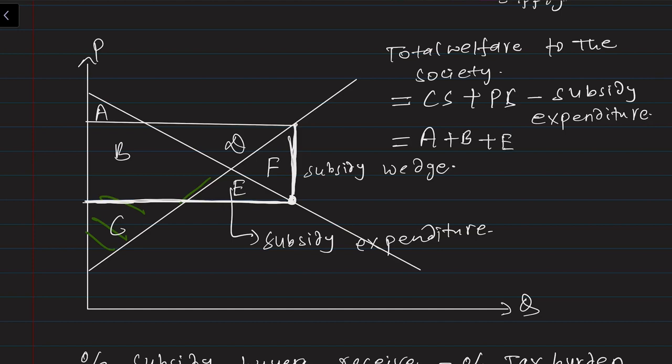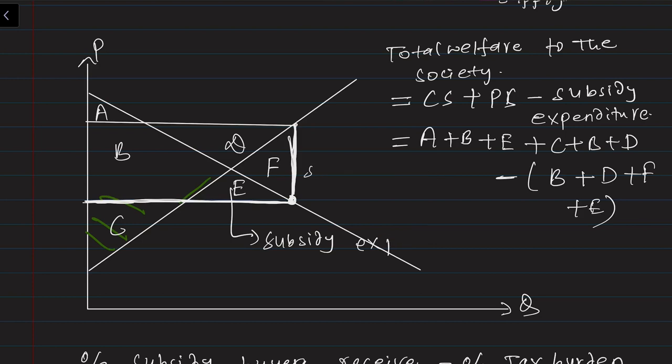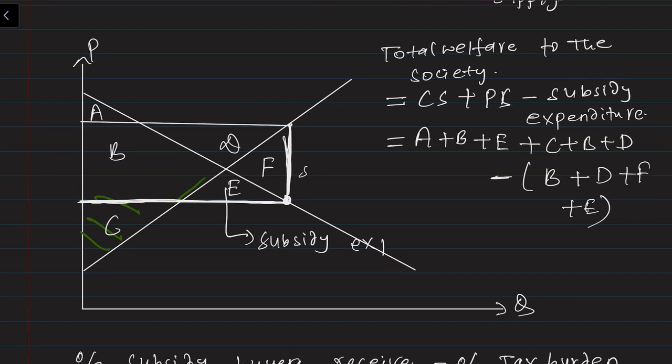And producer surplus is C plus B plus D. Now, subsidy expenditure is B plus D plus F plus E, right? So now we can cancel a few terms. We can cancel B, we can cancel D, and similarly we can cancel E.